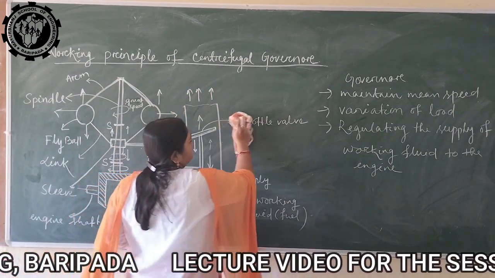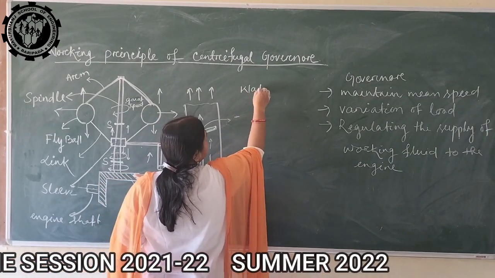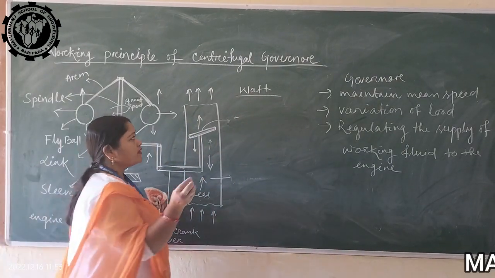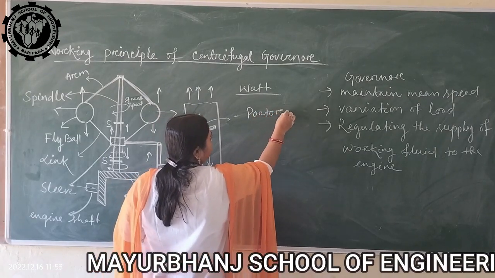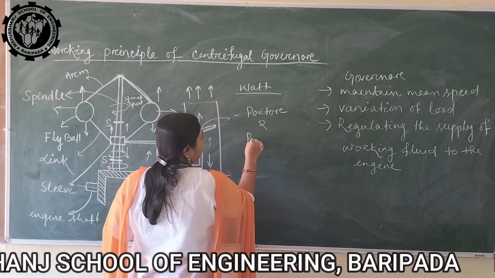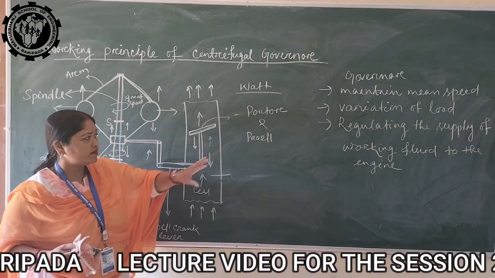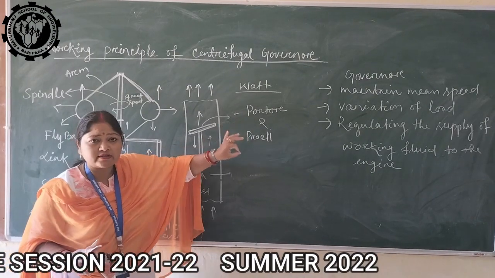The Watt governor is the simplest type of centrifugal governor. Another one is the Porter and Proell governor. These two governors are dead weight type governors. So what is the difference in a dead weight governor?